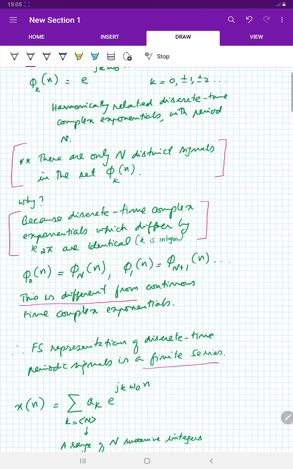Why is this? If you remember, we saw that discrete time complex exponentials which differ by an integer multiple of 2 pi in frequency are identical. You cannot distinguish them.